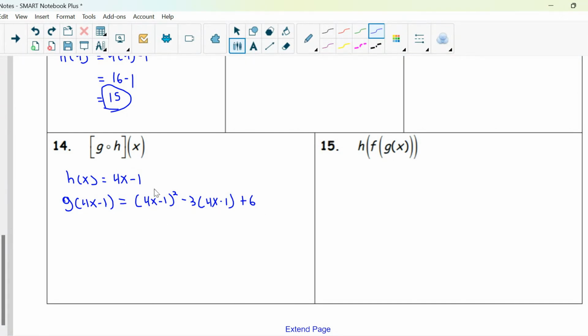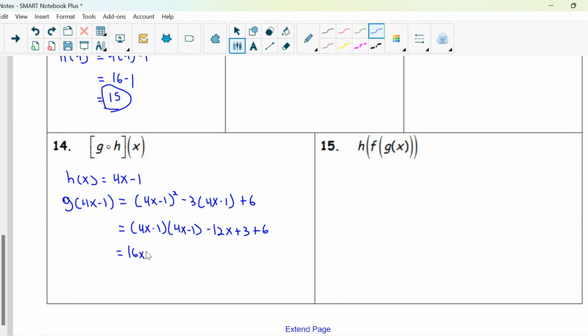For this first one here, I'm going to need to FOIL. In my second term here, I can just distribute. So negative 12x plus 3, and then plus 6. Now foiling, I'm going to skip the combining like terms process with the FOIL.